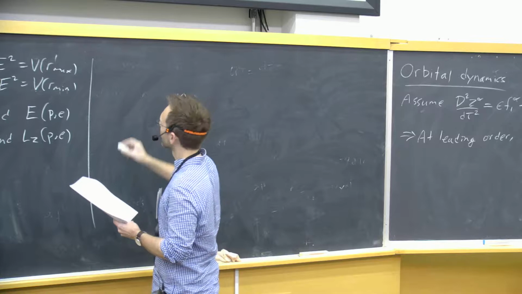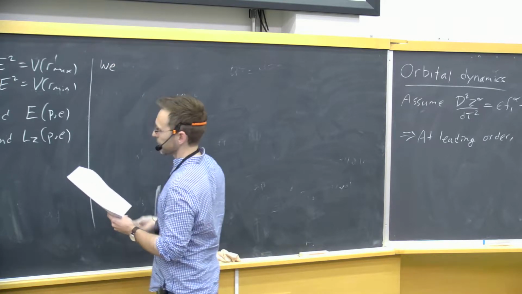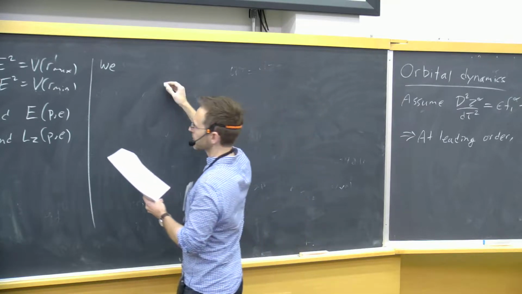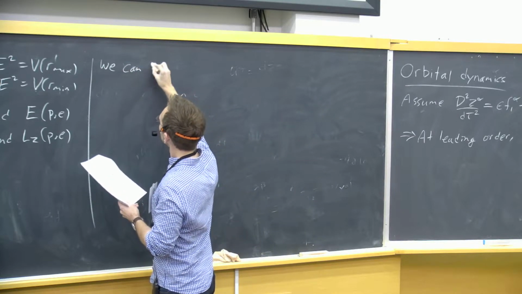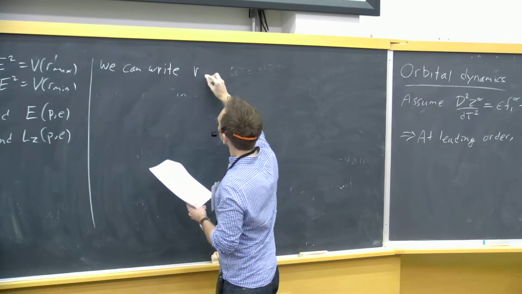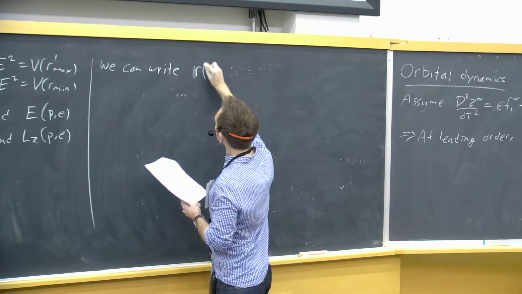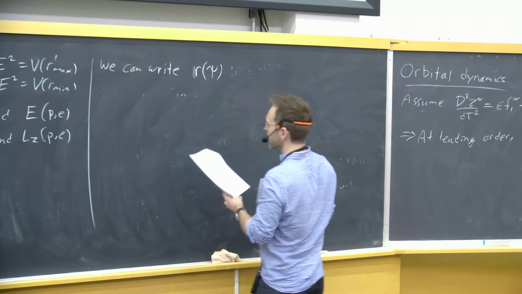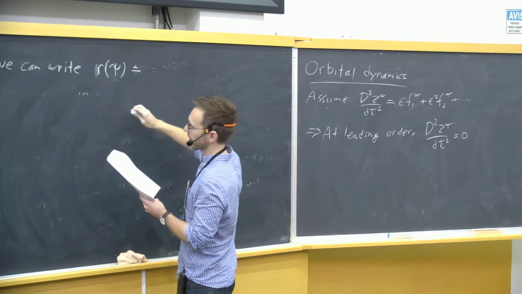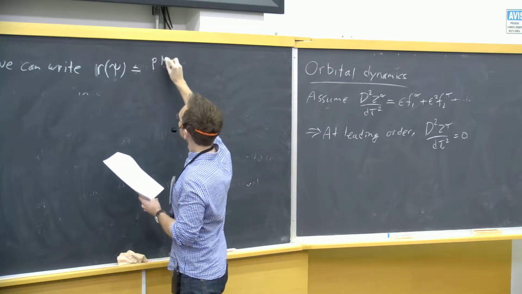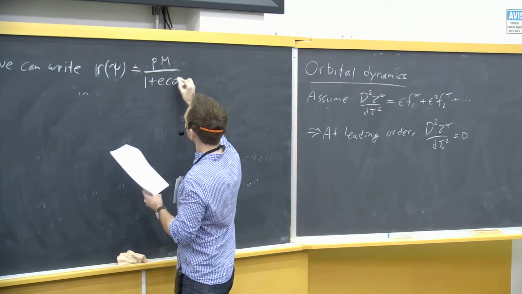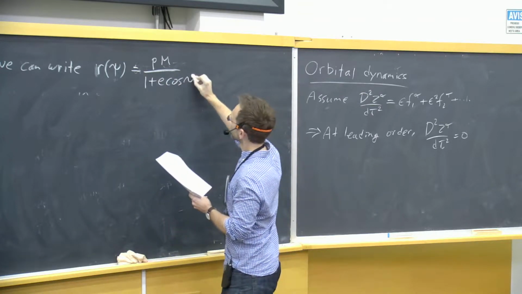Now, we can go one step further towards how things are done in Keplerian orbits by writing the radius of the orbit as a function of a radial phase in this form.